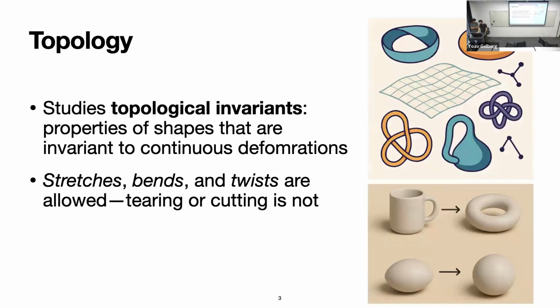So first, what is topology? Topology studies topological invariants, which are properties of shapes that are invariant under continuous deformation. So they stay the same even if you bend, twist, or stretch the space, but not necessarily if you tear it or cut it.